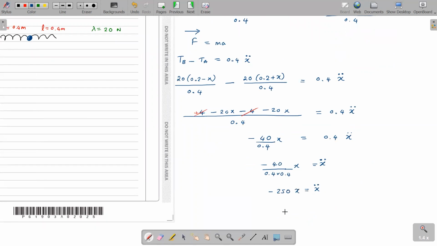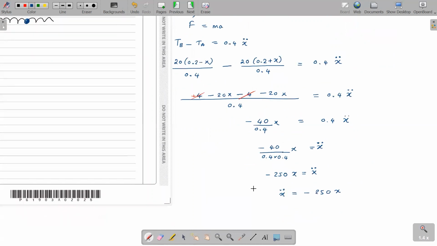So x double dot equals minus omega square x. Can we get an equation of this type? If you are capable of creating an equation that looks like this, it means your particle moves in SHM. So you can write: therefore, the particle moves in SHM. Okay, is this clear?